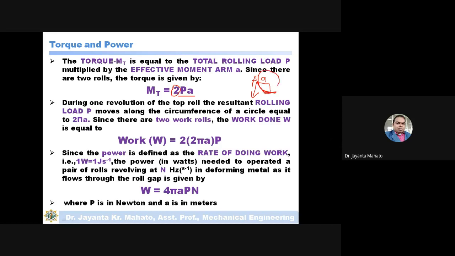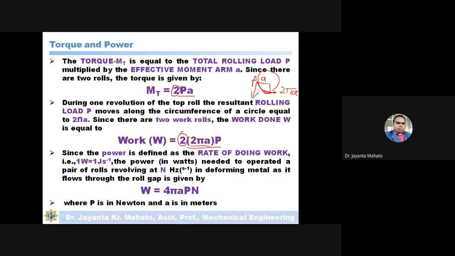So the work done is 2 pi a into P, and there are two rollers, so it is multiplied by 2.